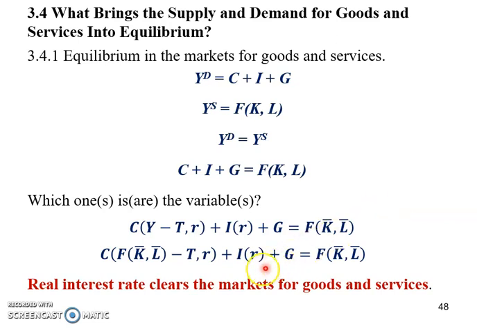So the key here is the real interest rate. That's the most important variable here. That helps our economy, both the markets for goods and services and the markets for factors, to reach their equilibrium.